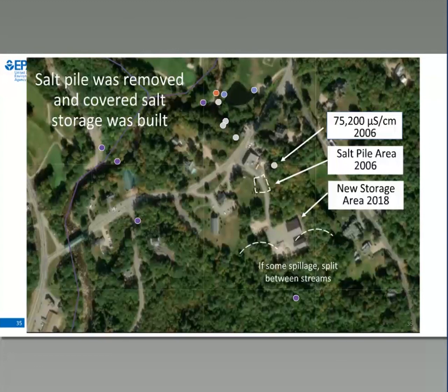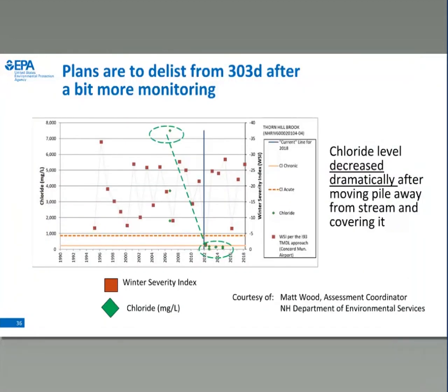This is a granitic area, very low conductivity, and instead it was extremely high. When you zoom in, what you can see is here are the points where the measurements are taken, and this place that I've highlighted in the red is a salt pile.